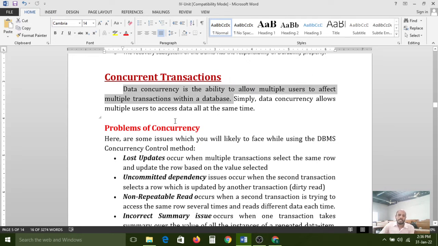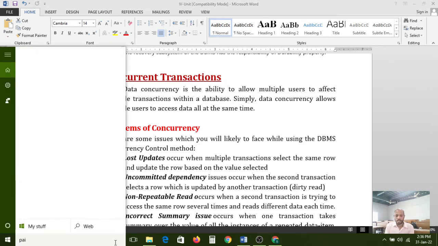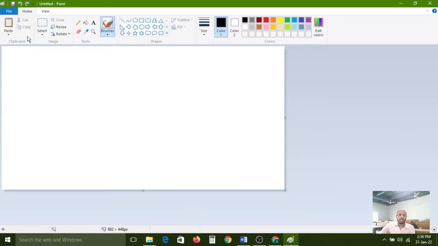When two transactions are trying to access the same database, those types of transactions are called concurrent transactions.